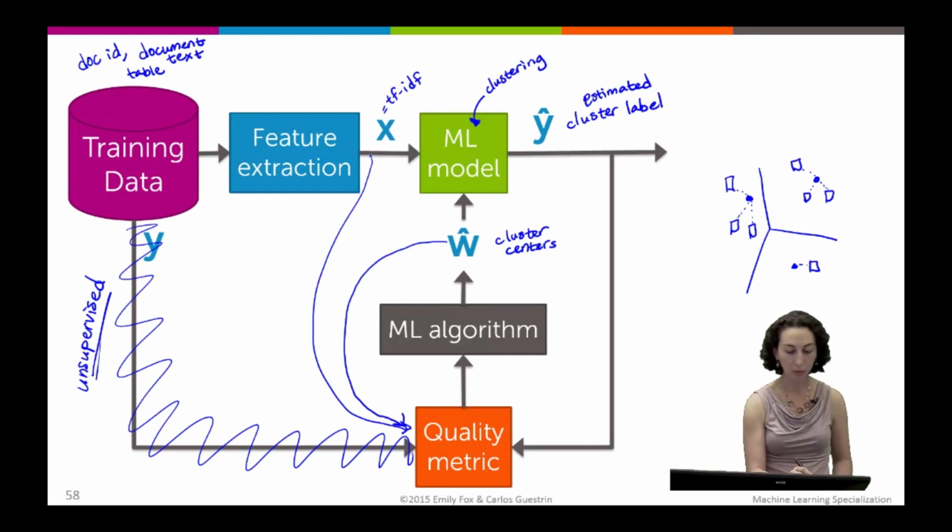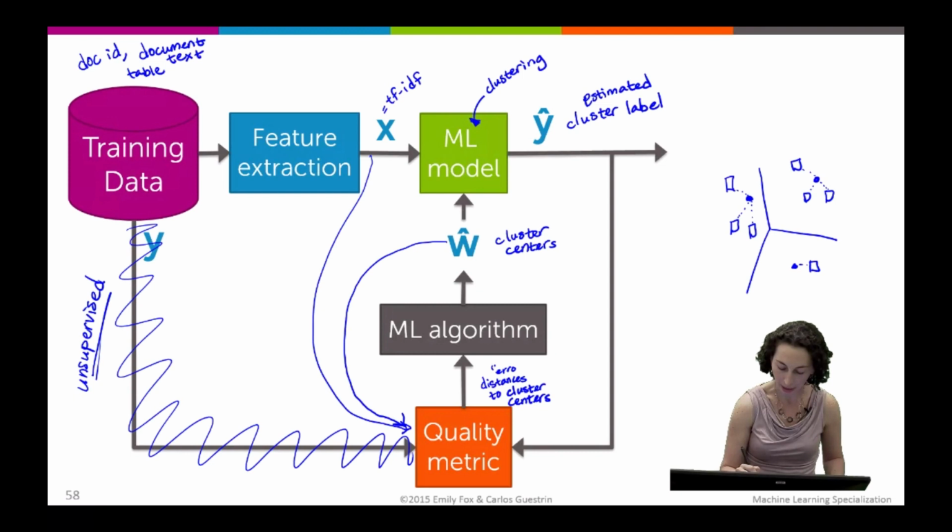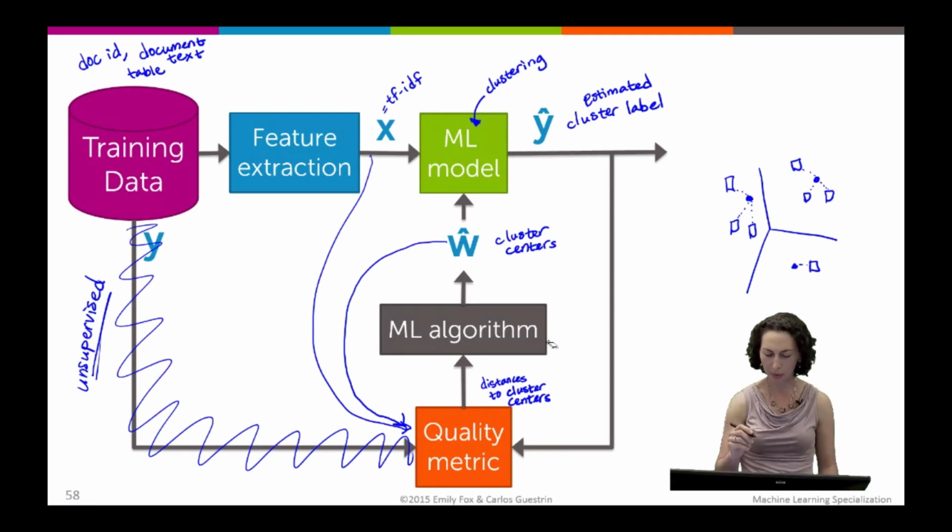So instead of having actual cluster labels to assess accuracy, we're going to take our document representations and our cluster centers, plug them into this quality measure, which is looking at distances to cluster centers. That's our measure of error, though it's not really an error, it's just a measure of quality. So I won't put that word there because I think that's a little confusing. But let's just write distances to cluster centers.